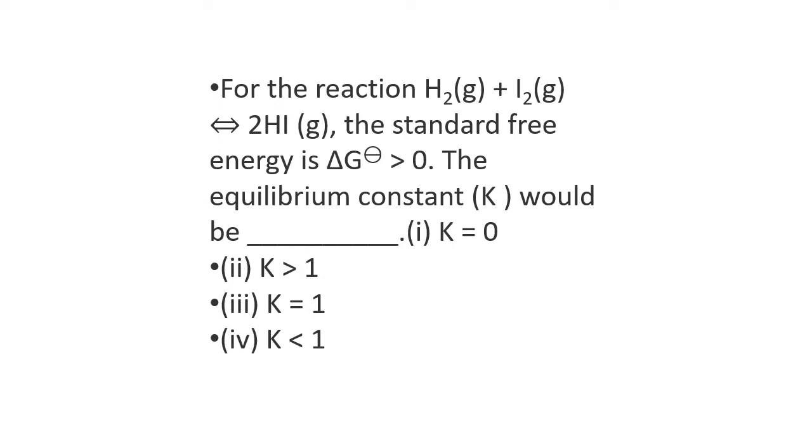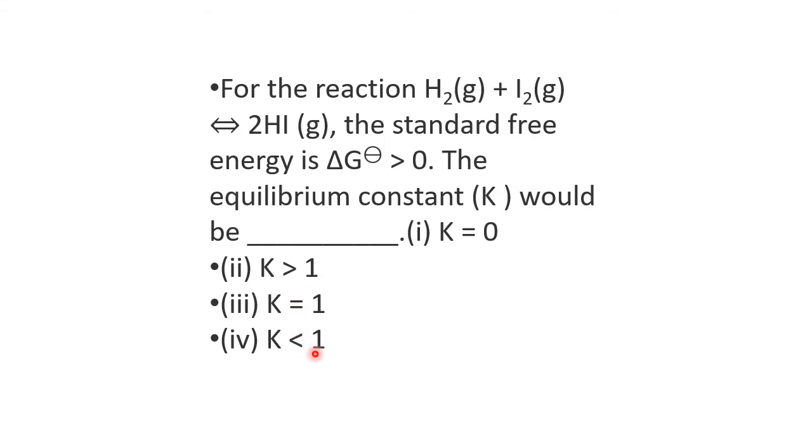For the reaction H2 plus I2 giving 2 HI, the standard free energy change delta G is more than 0. The equilibrium constant K would be: equal to 0, more than 1, equal to 1, or less than 1?